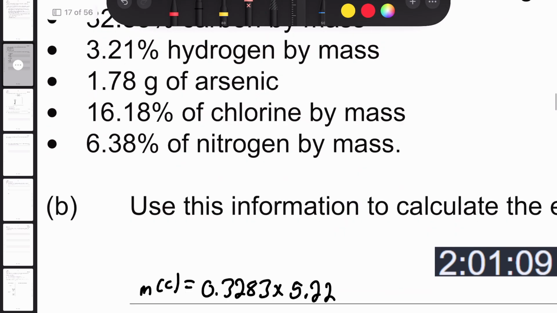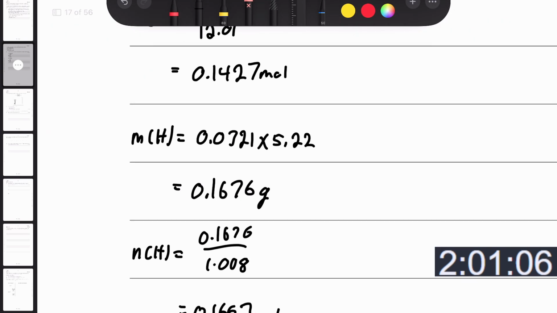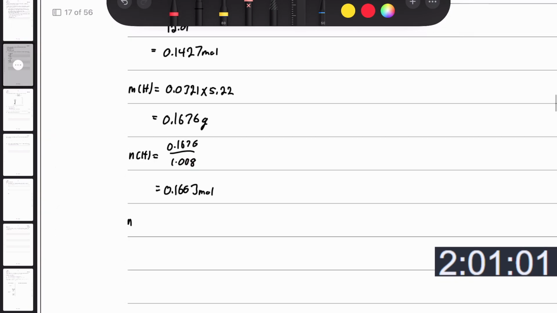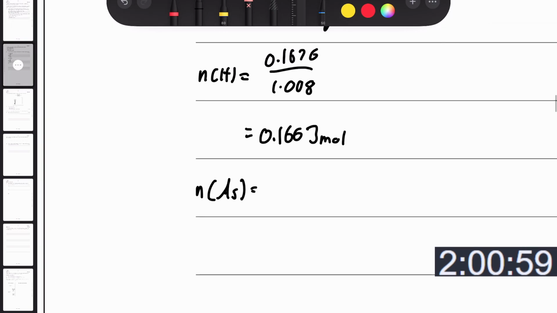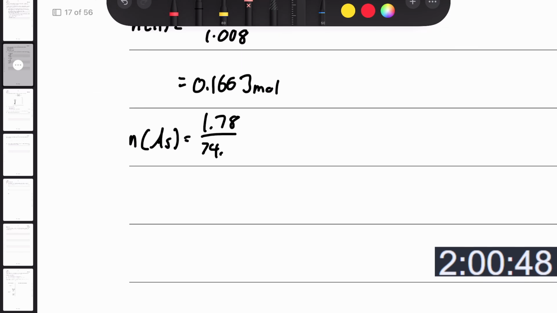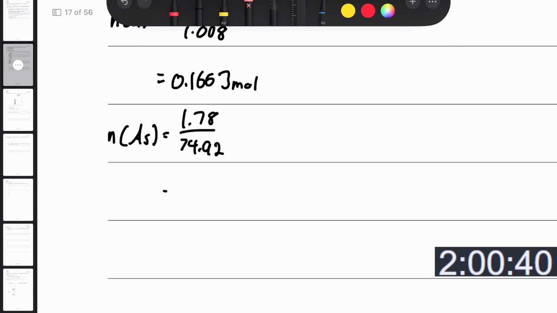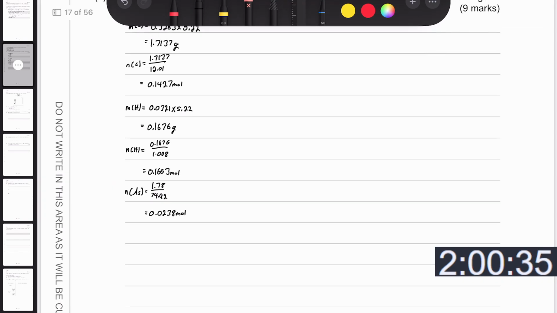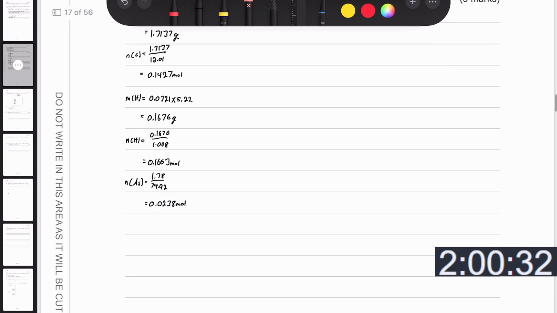Number of arsenic. Now arsenic is an element, and it was As, right? Yeah, 74.92. So number of arsenic is going to be equal to 1.78 all over 74.92, which is 0.0238 moles. Number of chlorine.